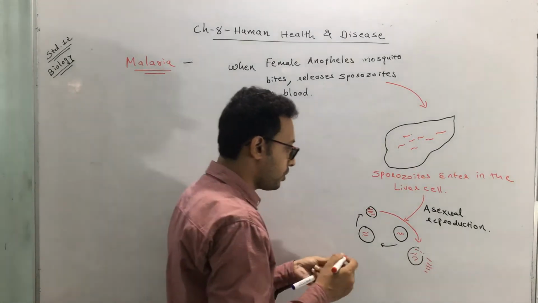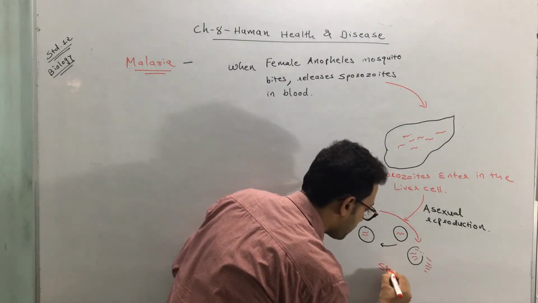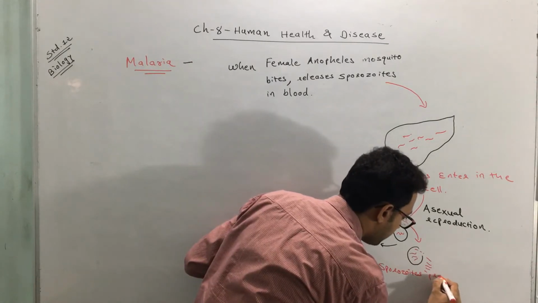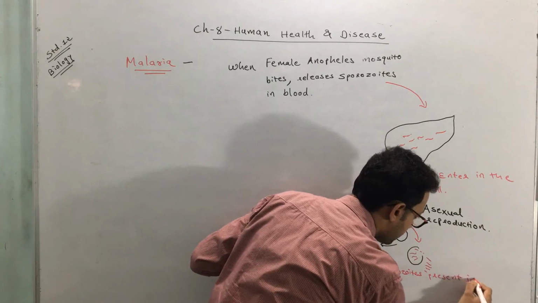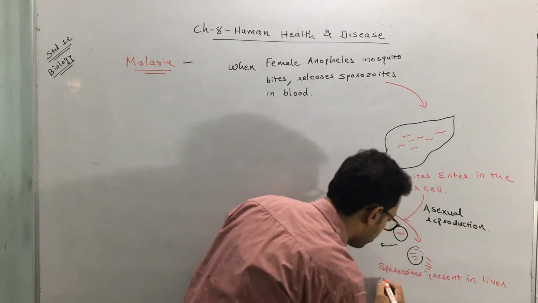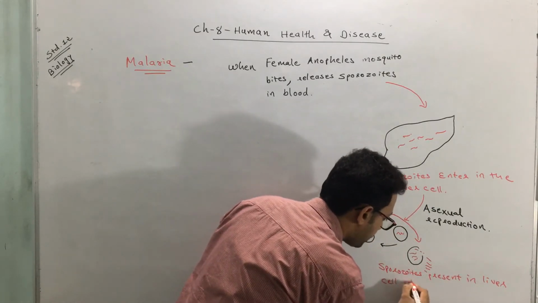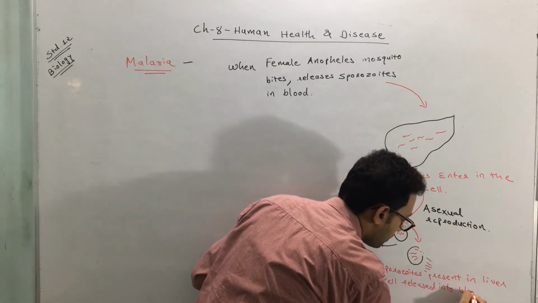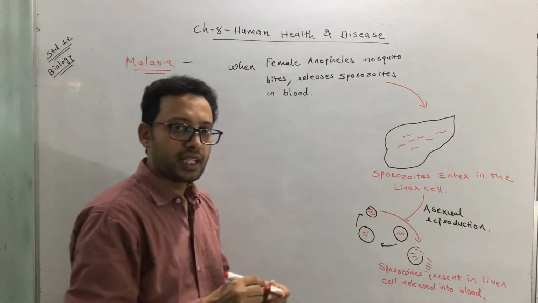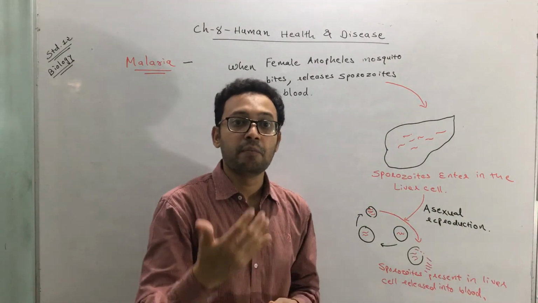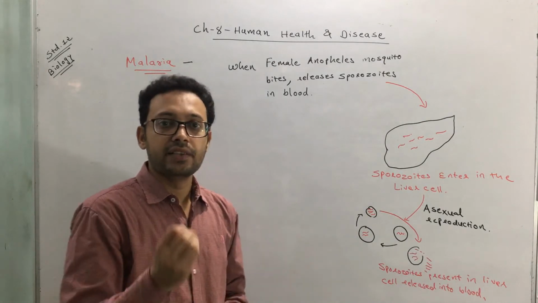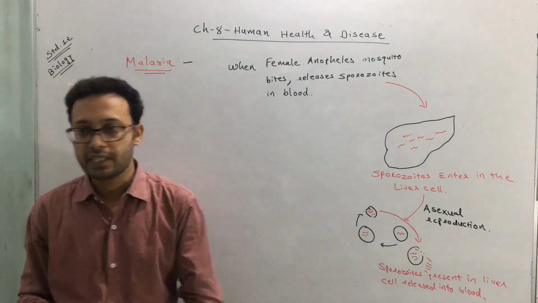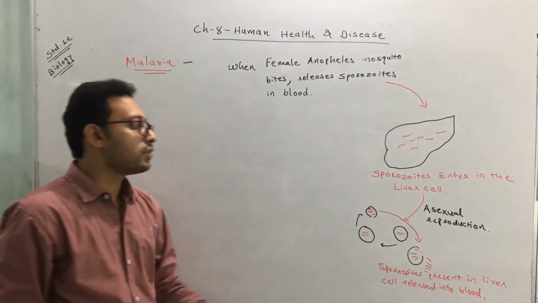Okay, so the sporozoites present in the liver cell are released into blood. And this cycle affects many liver cells, and the liver cells get ruptured, means the person who is suffering from this malaria, their liver is primarily going to be affected.